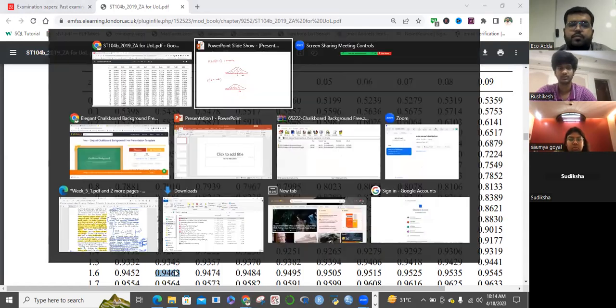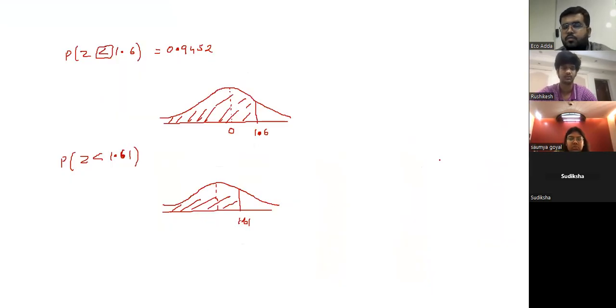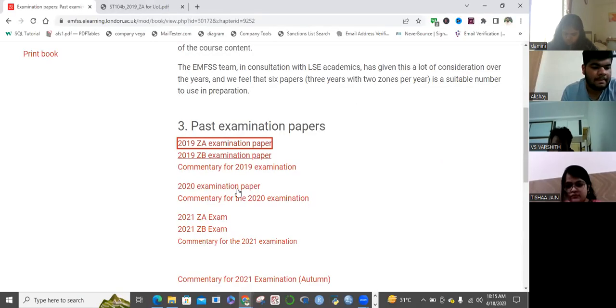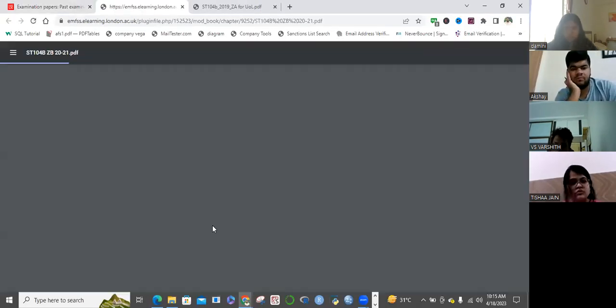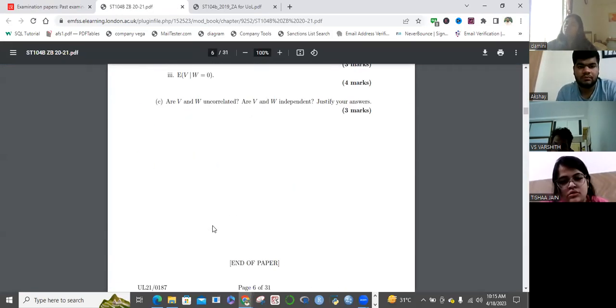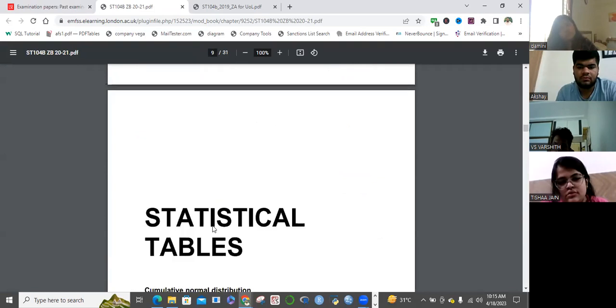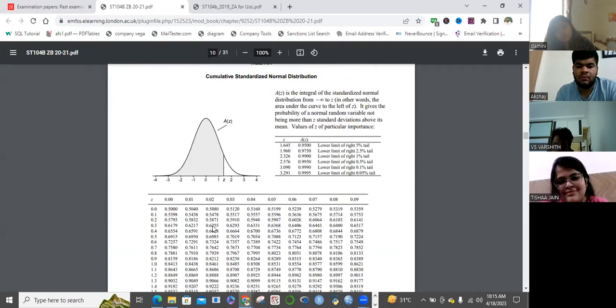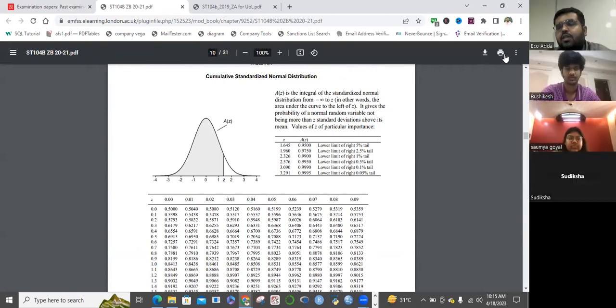Any doubts, anyone? And let me show you a different table as well. Just give me a second. In the paper, can we do it from your table and not from this table? The tables will be provided to us and we can't cheat. If you open any document, they will think that you are cheating, although you are not.